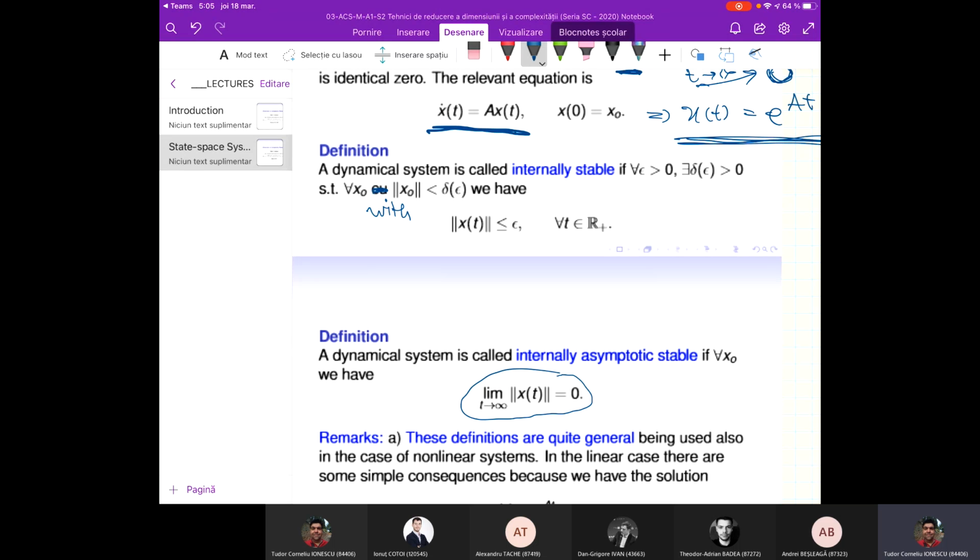Of course, these notions are also related to the internal energy of a system. However, we are not discussing very much this internal energy or Lyapunov way of thinking. You will see this notion in the second year of this master.